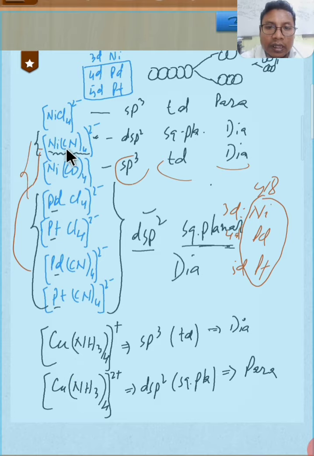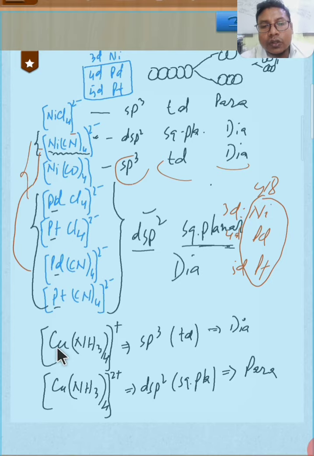Means Ni(CN)4 has a hybridization of dsp2 and a geometry of square planar, and the magnetic nature was what? Diamagnetic. So all these 4 complexes will have a square planar geometry, since their hybridization will be dsp2 like this complex, and their magnetic nature will be diamagnetic.